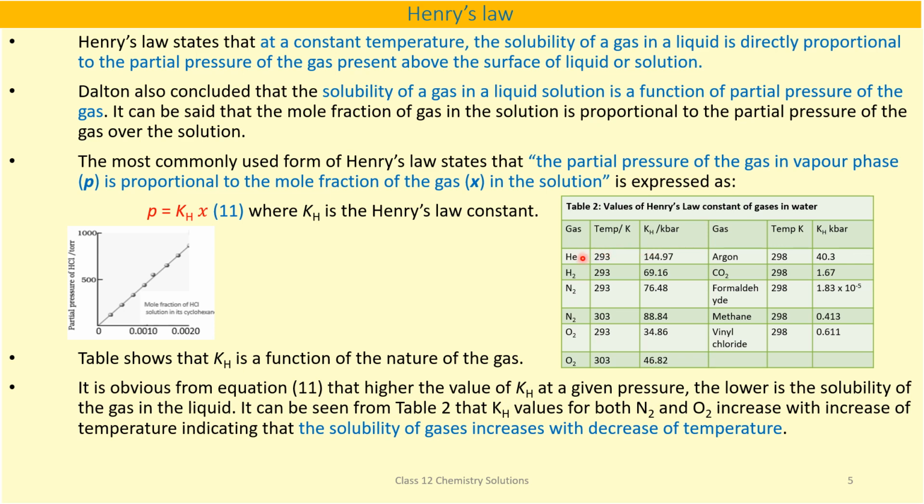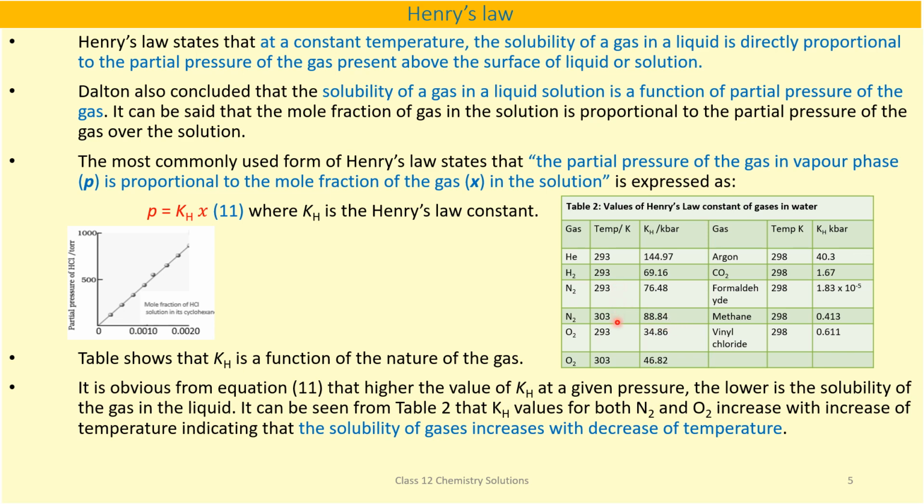Here you see helium gas at temperature 293 has a Henry's constant of 144.97, per kilobar. Similarly, hydrogen at 293 Kelvin has 69.16. Nitrogen at 293 Kelvin is 76.48. When we increase the temperature of nitrogen to 303, it becomes 88.84.